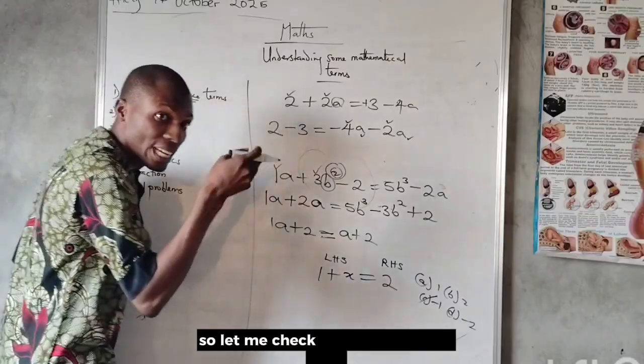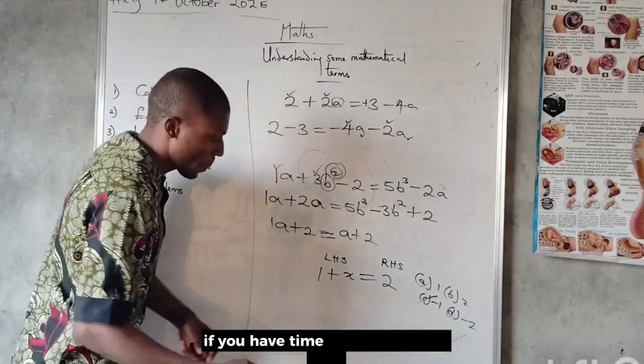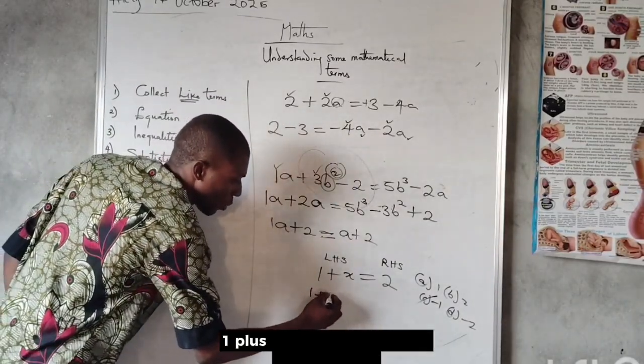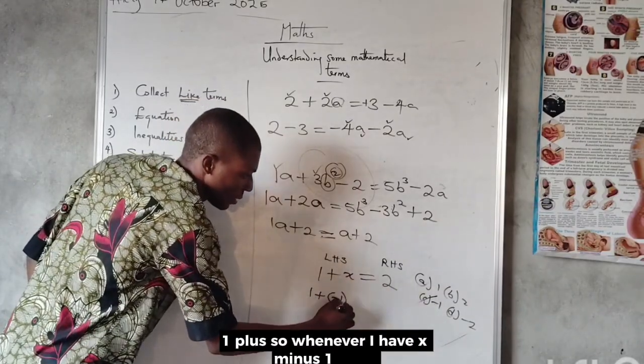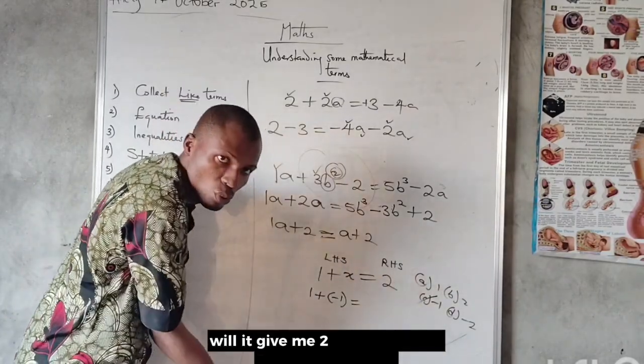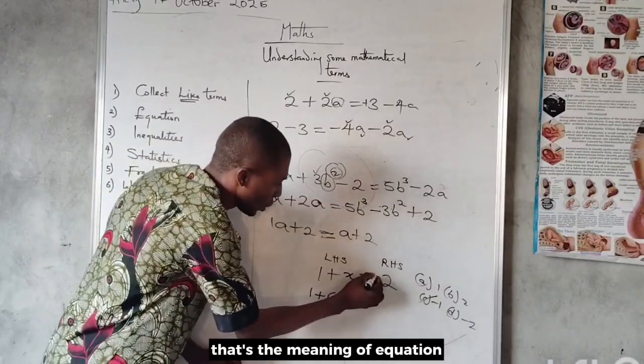Now, you will not say, okay, let me check it before going to number 2, if you have time. So whenever I have x minus 1, will it give me 2? Because these two must be equal. That's the meaning of equation.